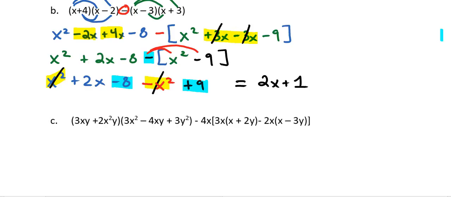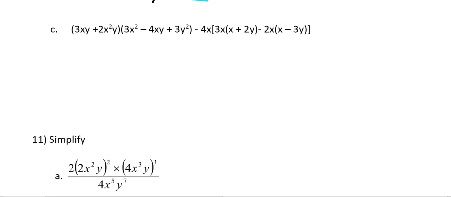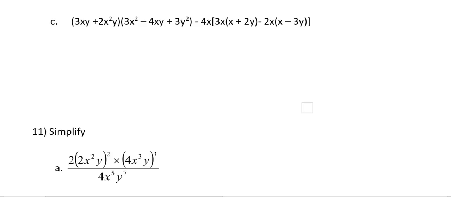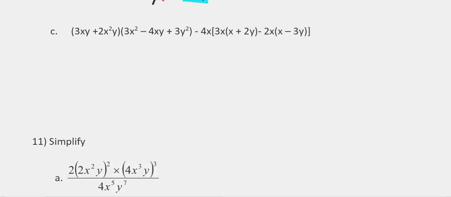Okay, let's move on. Question number C. A lot of terms in question number C, but we have to FOIL once again. So taking this term right here, 3xy, if I multiply that with that, that's going to be 9x cubed y.